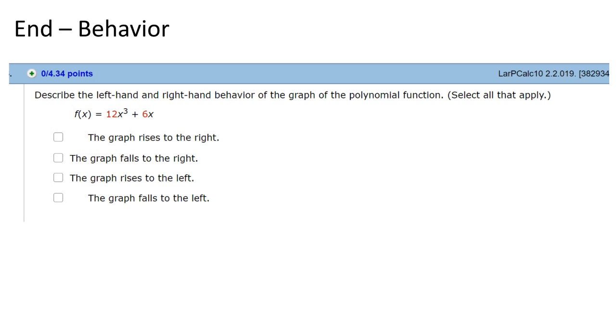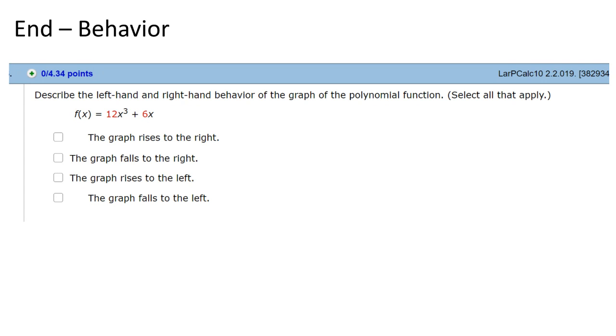So I know that the behavior is either going to fall on the right and rise on the left, or rise on the left and fall on the right, based on the leading coefficient. On this one, it's an odd function, and our leading coefficient is a positive number. So this graph is going to fall on the left and rise on the right.